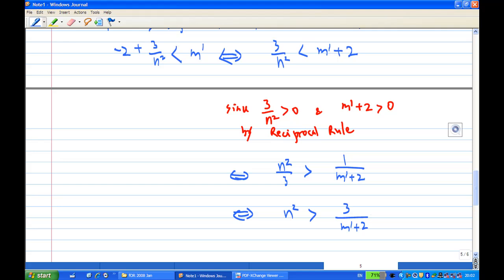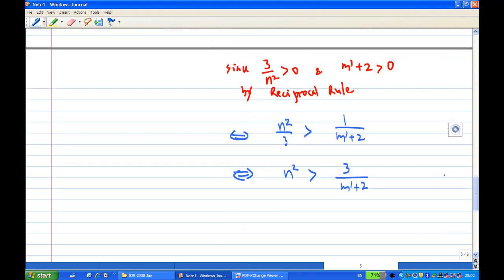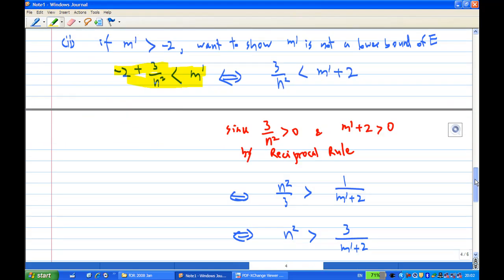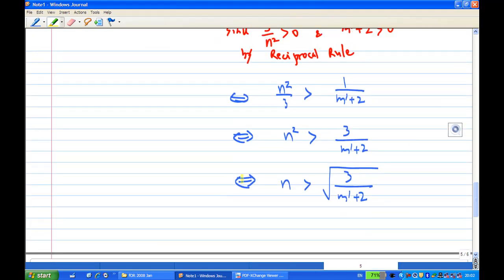Since 3 over m prime plus 2 is a positive number, I can take the square root. So this is if and only if n is greater than the square root of 3 over m prime plus 2. This means that for the original inequality, -2 plus 3 over n squared less than m prime, my n must be greater than the square root of 3 over m prime plus 2.